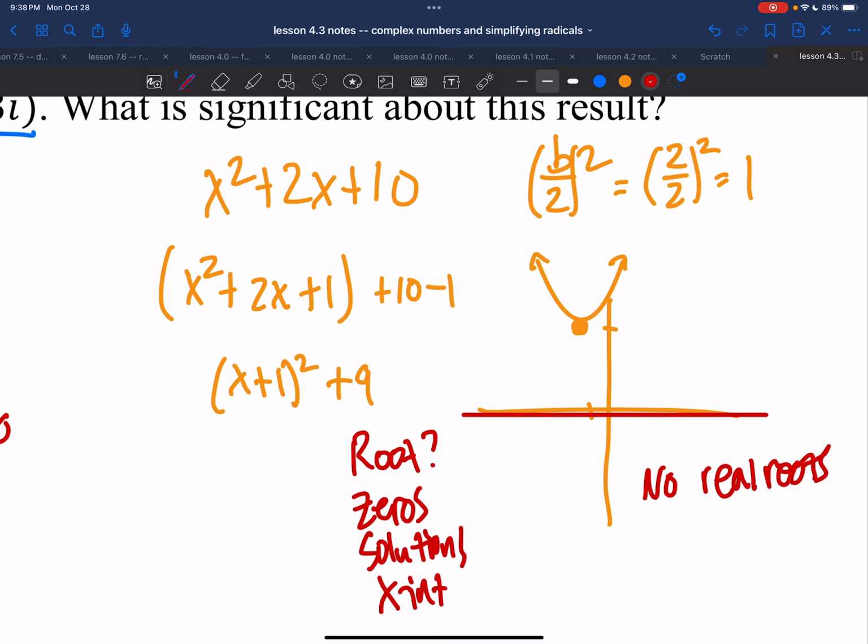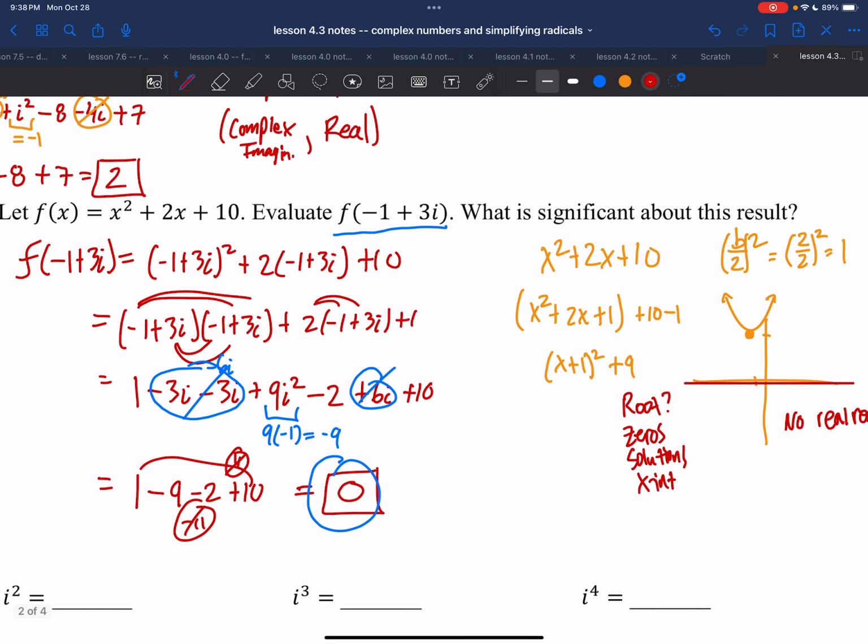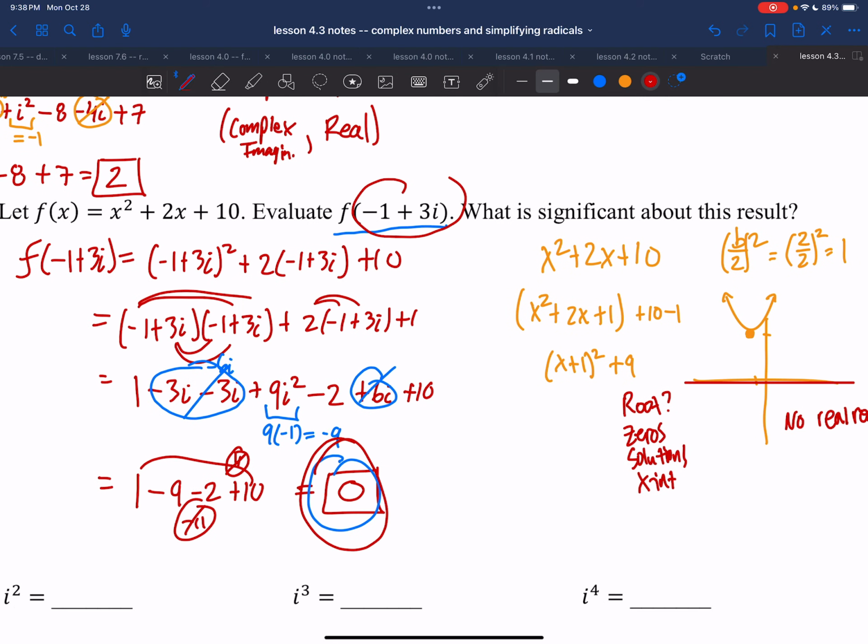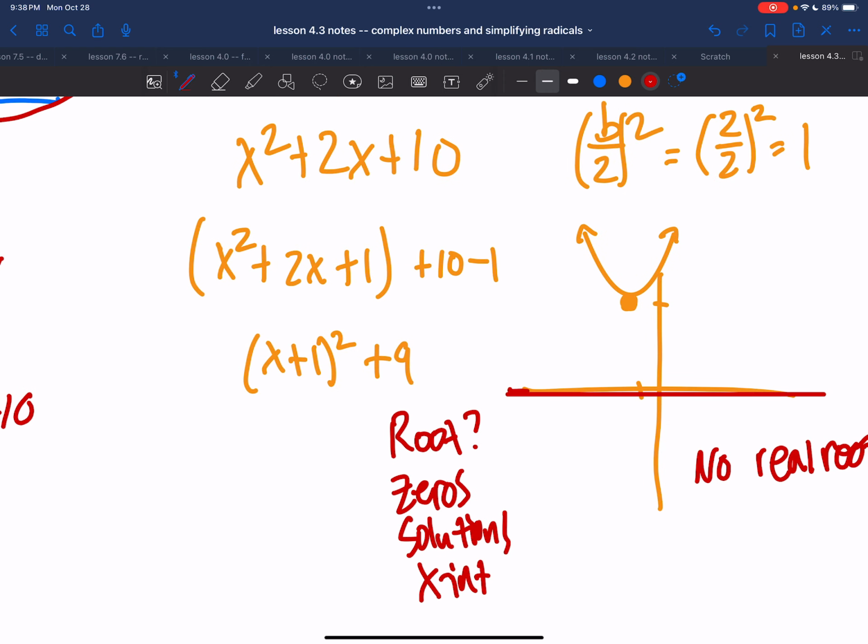And maybe we mentioned this in the last video, but you wouldn't say it has no roots, because actually it does. Negative 1 plus 3i is a root because when you plug it in, it equals 0. But you can't visualize it here because this x-axis is real numbers, and our solution doesn't lie on that number line. It lies somewhere else.